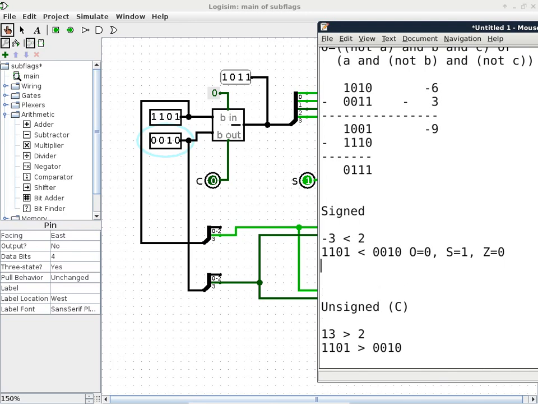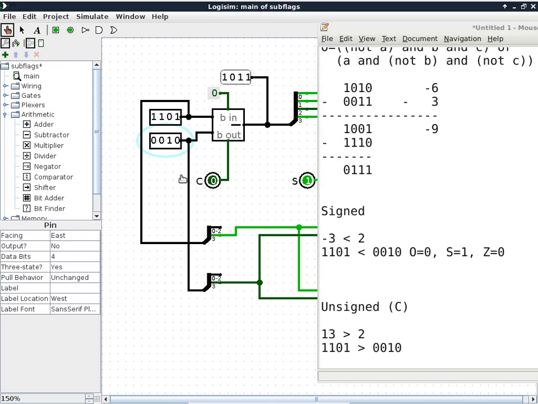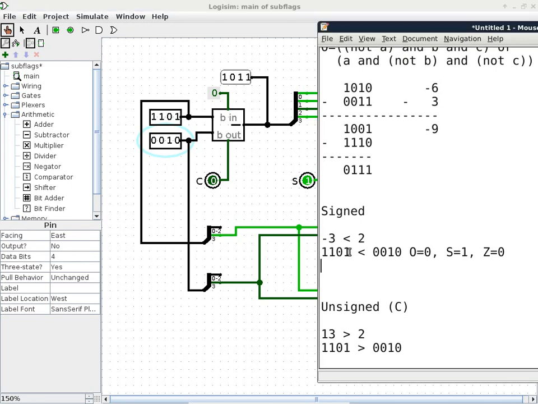Let's take a look at another comparison that is also a less than from the signed perspective. Give me another case where we have a less than relationship. Just pick any two numbers that can be represented in 4 bits.